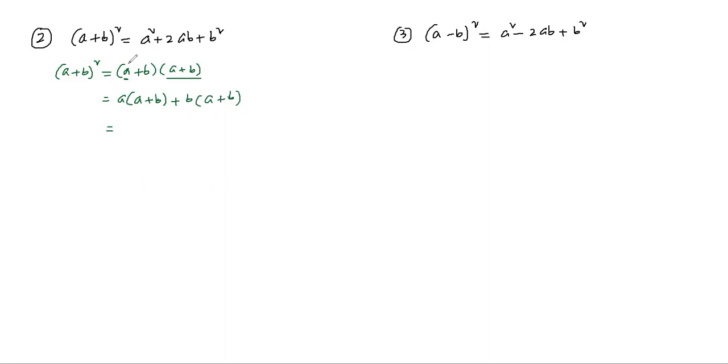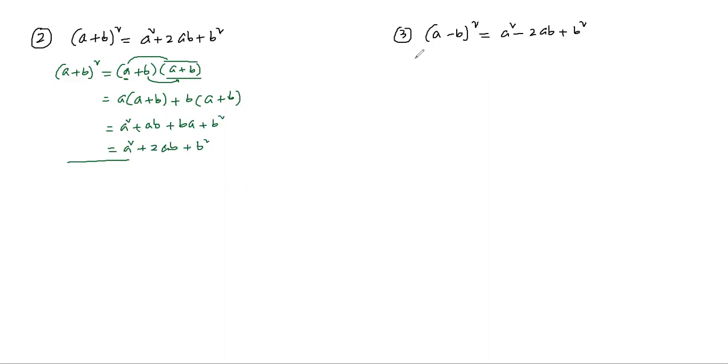So you get a square, ab, ba, b square. Combining them, you arrive at the proof of the identity.